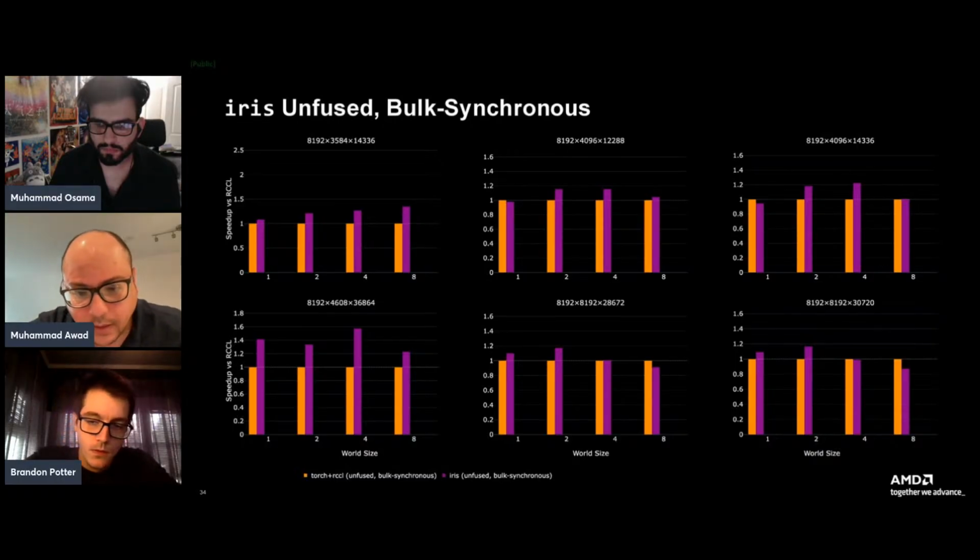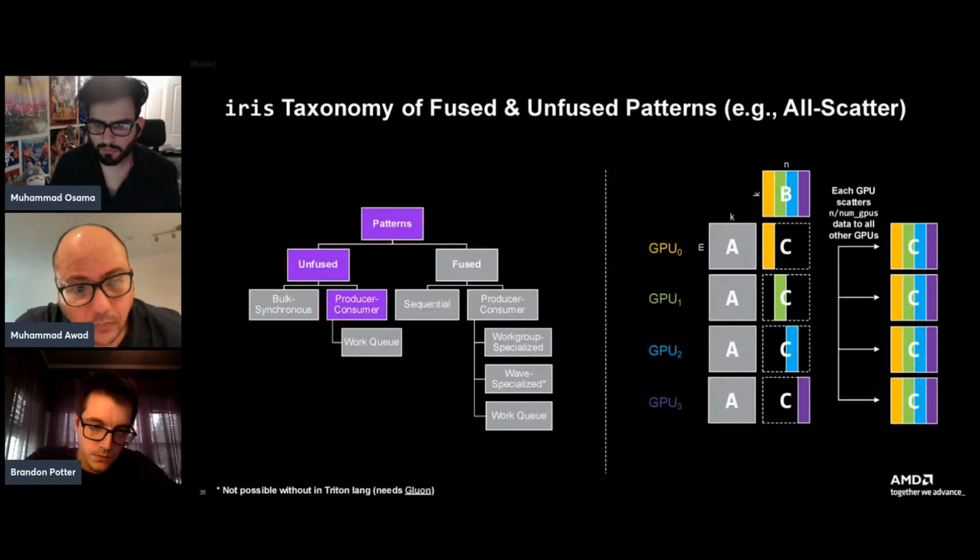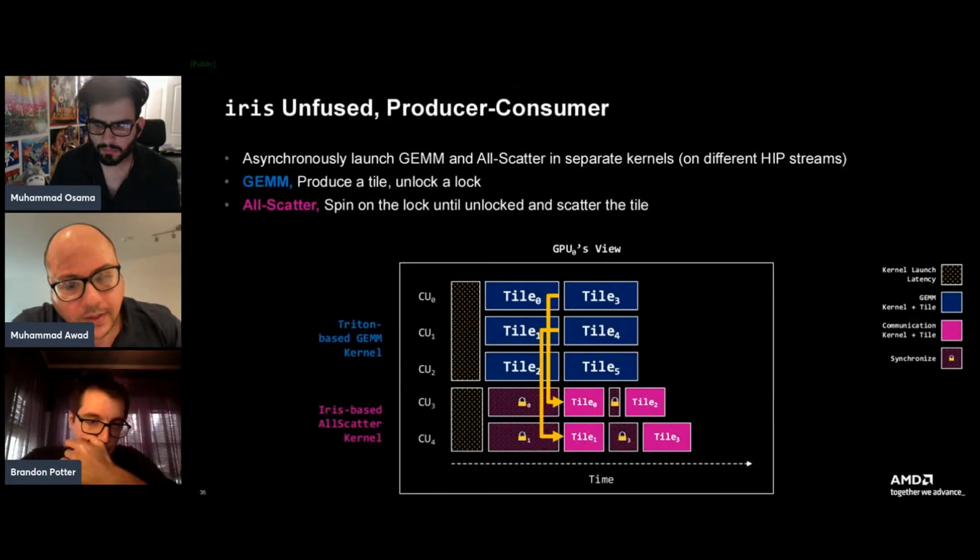Everything has its trade-off, but if you already know some things about your problem, maybe you can take advantage of a custom solution to get better performance. But more interestingly, we look at the other patterns, and the next one is producer-consumer. We are going to use the same code, or actually, let's first look at how it looks.